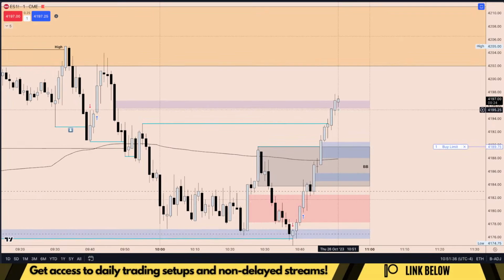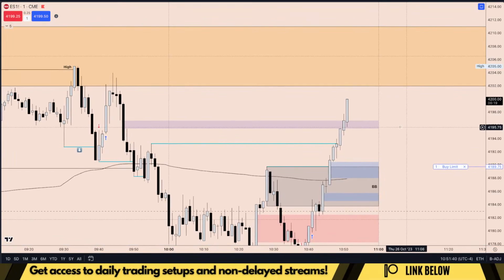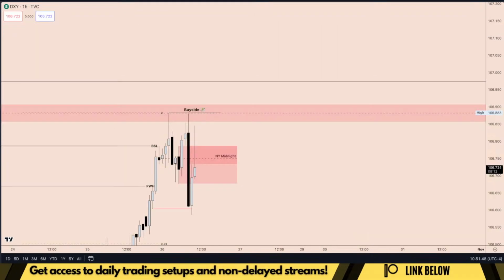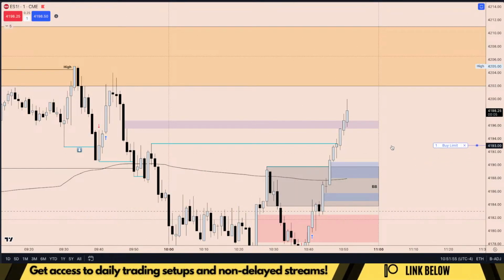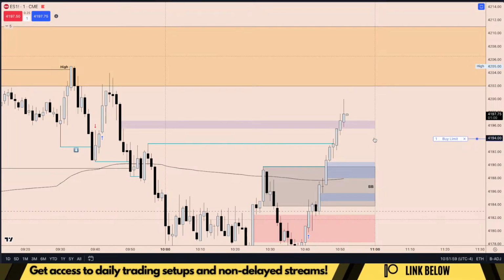Let's see, the time is 10:51, so we're now inside the 10:50 till 11:10 macro. And there we go. The XY should be getting rejected. Let's see, this is a high risk entry.